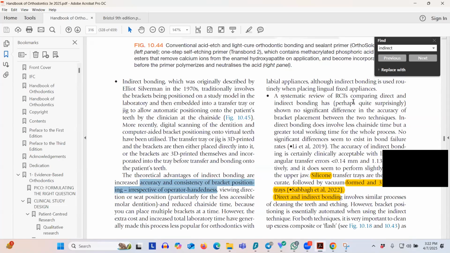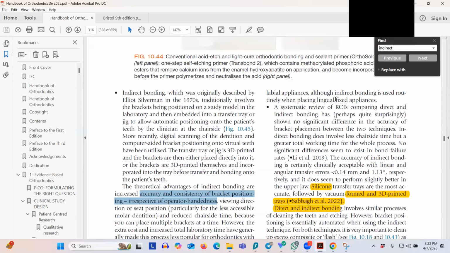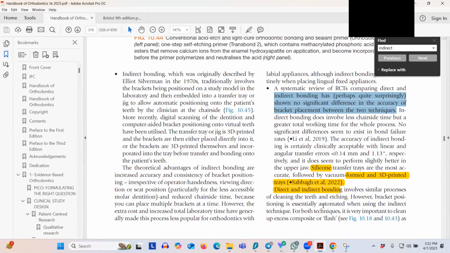Comparing the two techniques, studies show no significant difference in the accuracy of bracket placement. Indirect bonding does involve less chairside time, but a greater total working time for the whole process. No differences seem to exist in the bond failure rate. The accuracy of indirect bonding is clinically acceptable, and it seems to perform slightly better in the upper jaw. Silicone transfer trays are the most accurate. Direct and indirect involve a similar process of cleaning.